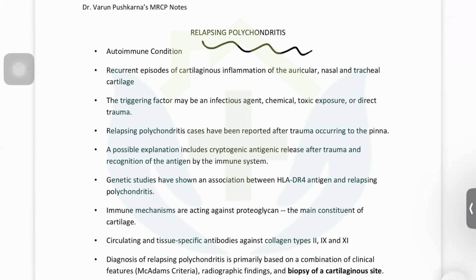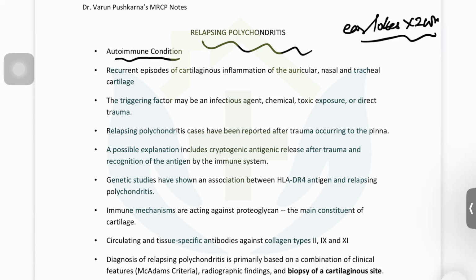The patient profile that will be coming will be usually a female coming to you with redness and tenderness of the earlobes since 2 weeks, since the winters have started, and they will tell you that they remember once they had a similar problem and they had difficulty in breathing and their voice quality also changed, and the doctor started them on steroids and they got better in 2 days. So this is a typical history given in the question for relapsing polychondritis.